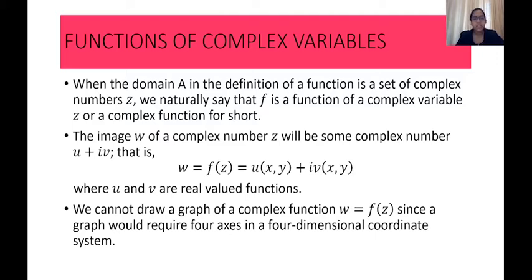If z is x plus iy, then its image w will be another complex number, say u plus iv. That is w is equal to f of z, which is u of x comma y plus i v of x comma y, where u and v are real valued functions of x and y.